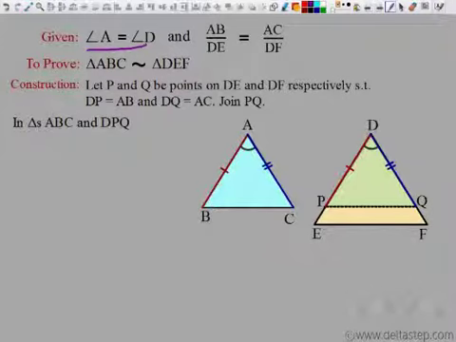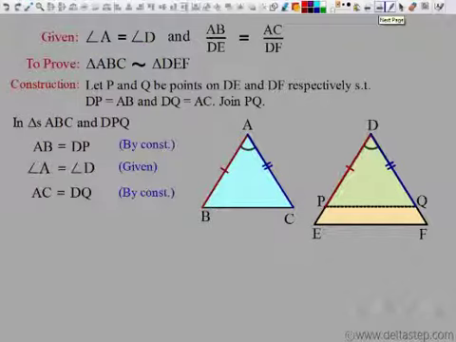That is by construction. So I have side, side, and included angle. So I can say these are the three things which are equal in these two triangles, and hence I can say that the triangles are congruent by side, angle, side. So these two triangles are congruent by SAS.